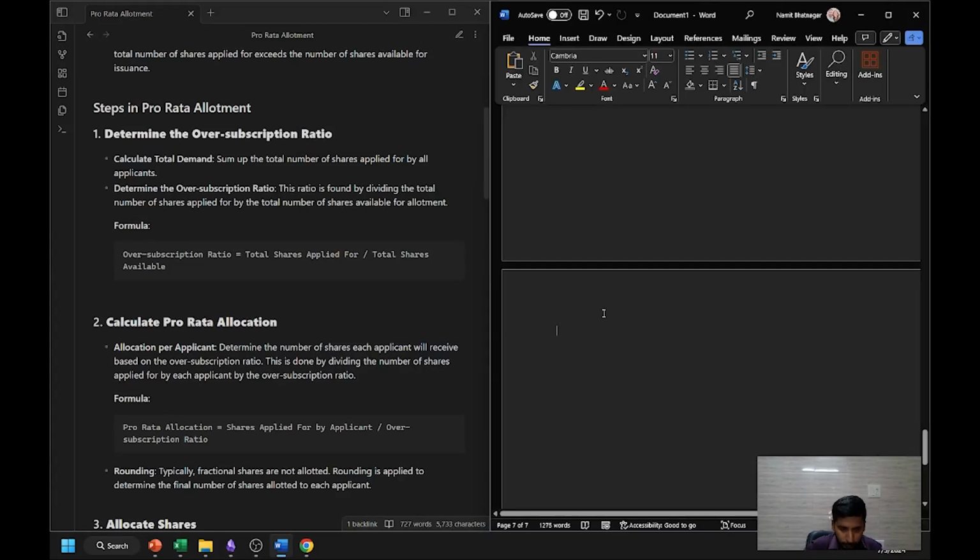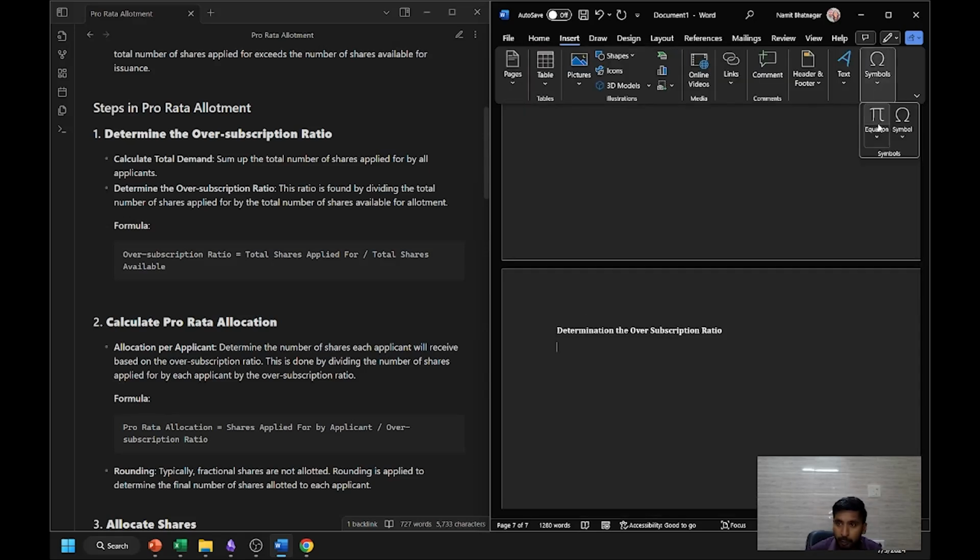Let us do a practical determination of the oversubscription ratio. How to determine the oversubscription ratio? For that, we will insert an equation first.